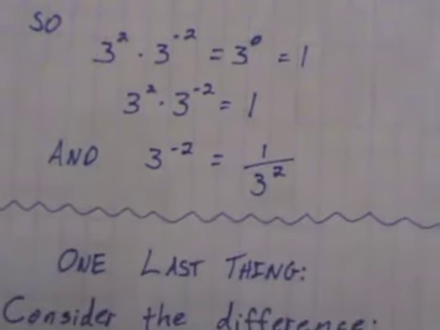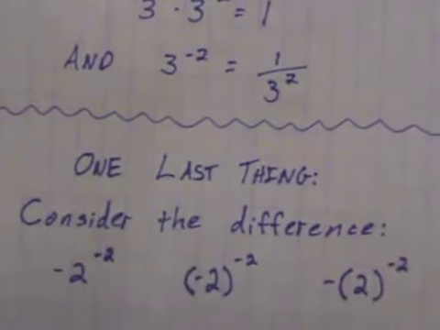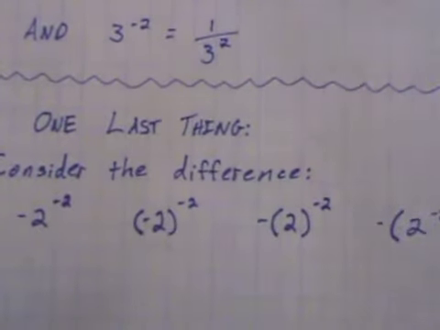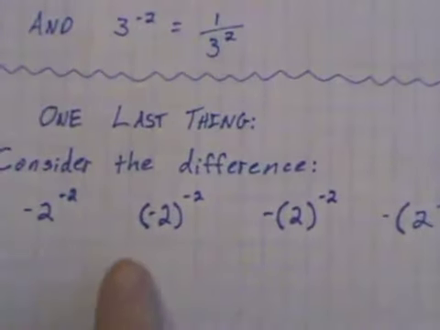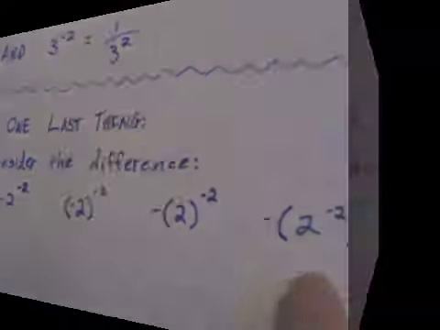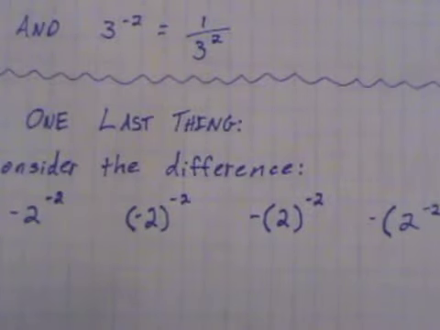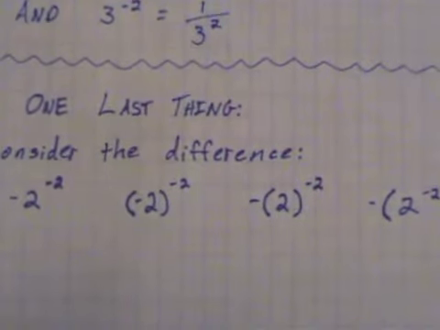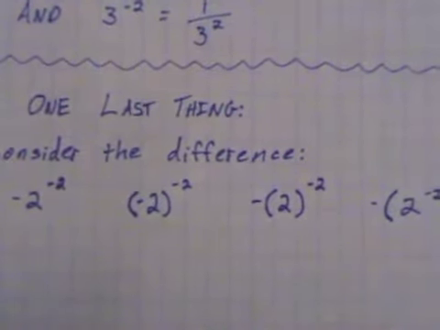I understand. Finally, this is something I want to bring to your attention. Consider the difference in the way these things are written. What do these different things mean? And the answer is it could vary depending on who you ask.